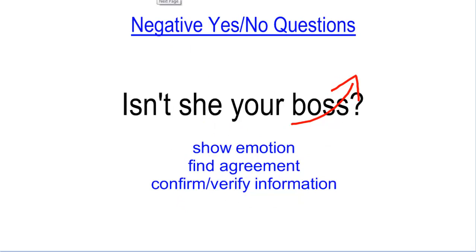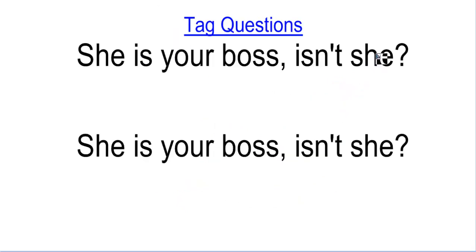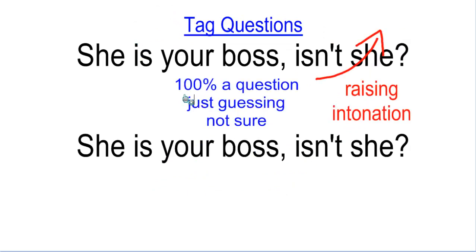The difference is the same. So when your intonation goes up, isn't she? That is 100% a question. It's a real question. I am just guessing because I have no idea if she is or if she is not your boss. So I am not sure. This intonation is the raising intonation, going up.